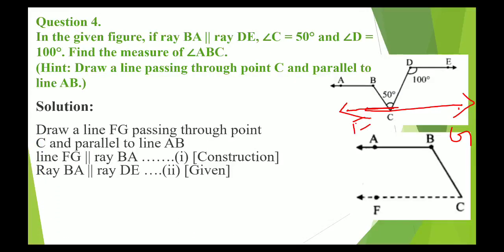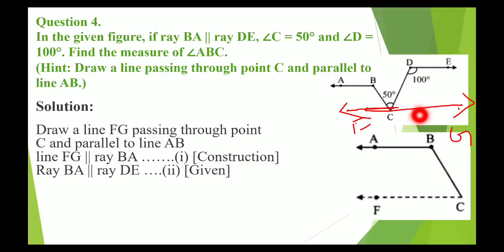Draw a line FG passing through the point C, which is parallel to AB. Line FG, where is FG? Line FG is parallel to BA from construction. We have drawn it, so that's why we have written the reason as construction.